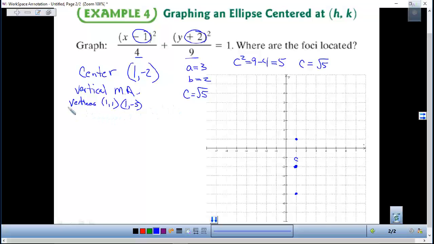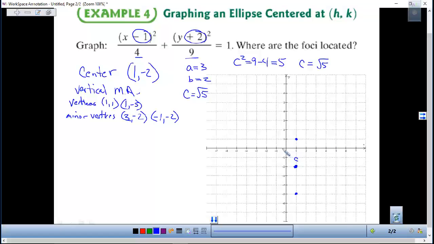All right, and then for your minor vertices, you're going to move from the center left and right b units. So I'm going to add 2. That's going to give me (3, negative 2). And I'm going to subtract 2 from 1. And that's going to give me (negative 1, negative 2).